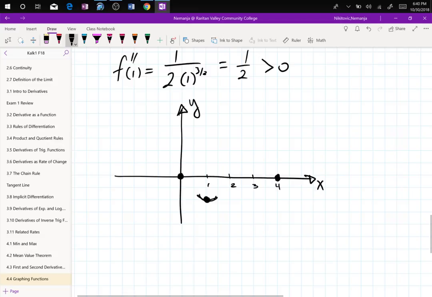The next order of business is to recall from first derivative test that the function is decreasing between 0 and 1. Great, connect that. There's the function decreasing. And then it's increasing after that, but it has to hit the 4.